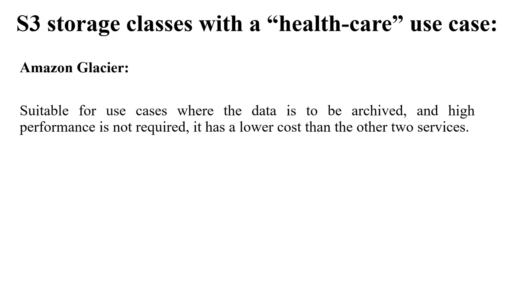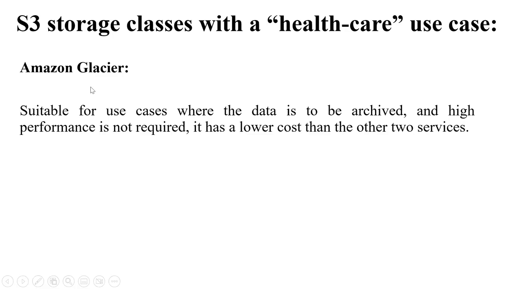If you have this kind of requirement, that is backups, where you are not sure whether you will use them or not, but it is required to keep them as a backup with low cost, then the type of storage class available is Amazon Glacier.